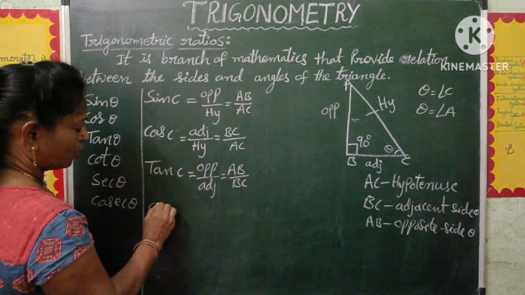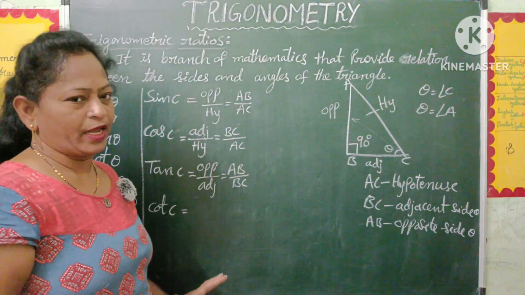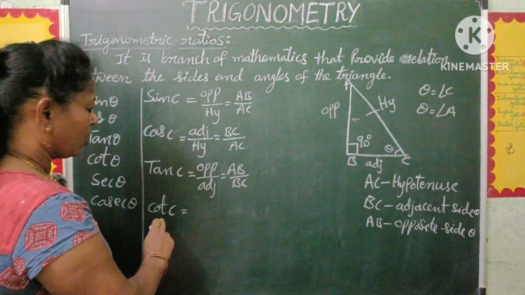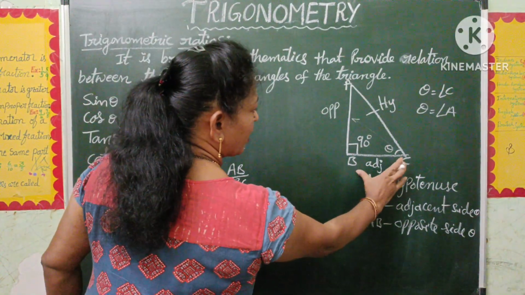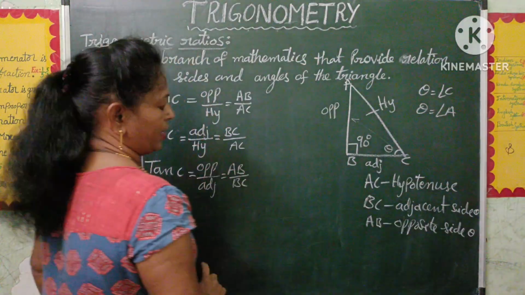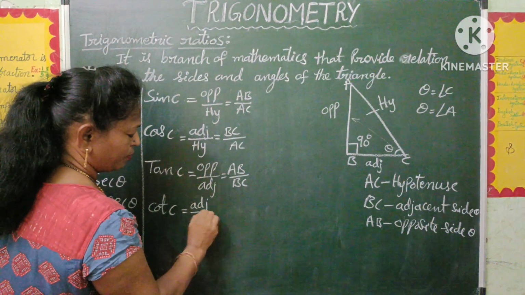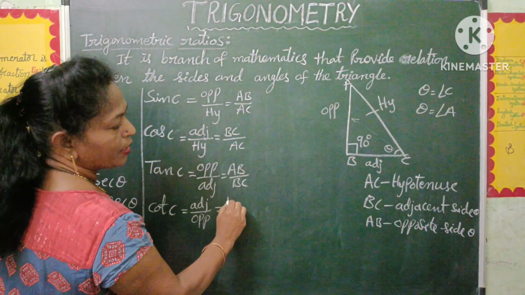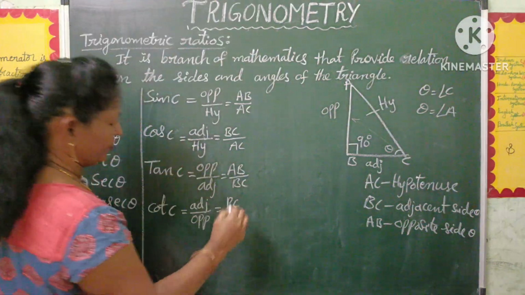Next, cot C. Cot is the reciprocal of tan. We will discuss reciprocals later. Cot theta is side adjacent to theta by side opposite to theta, adjacent by opposite. Adjacent is BC and opposite side is AB.